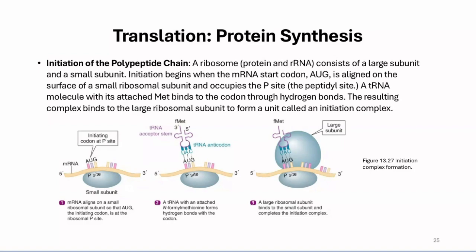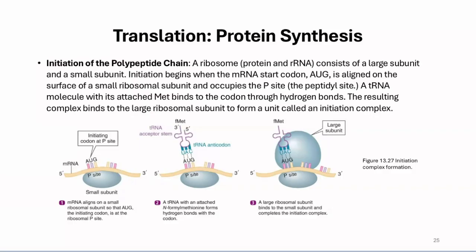We see that the mRNA is going to align first with the small ribosomal subunit, and that's why the small ribosomal subunit identifies AUG, which is the initiating codon of many proteins.